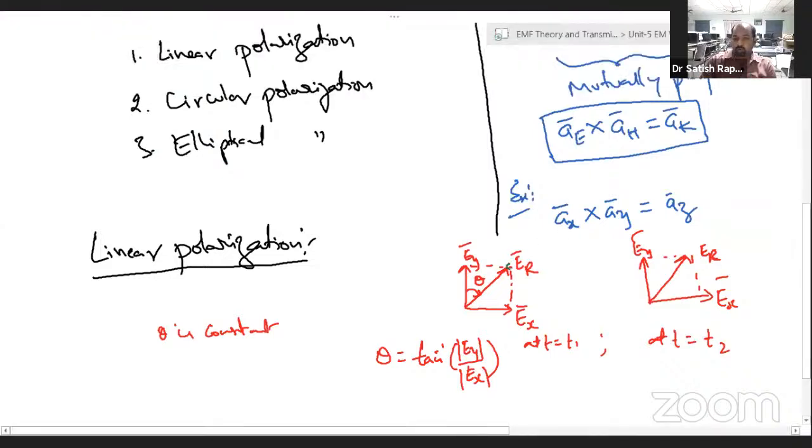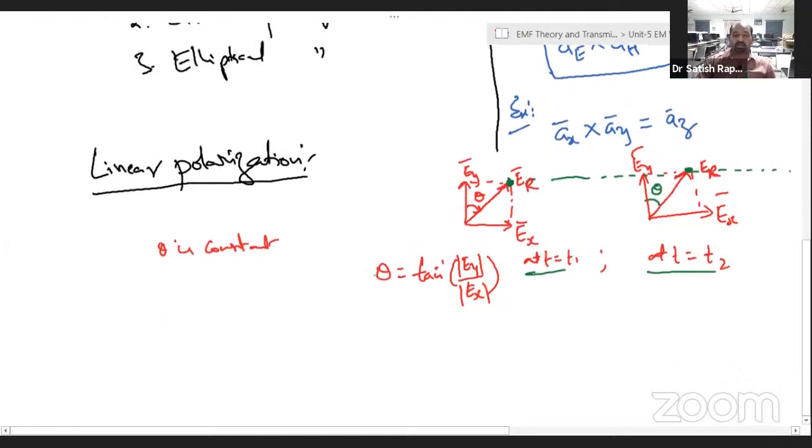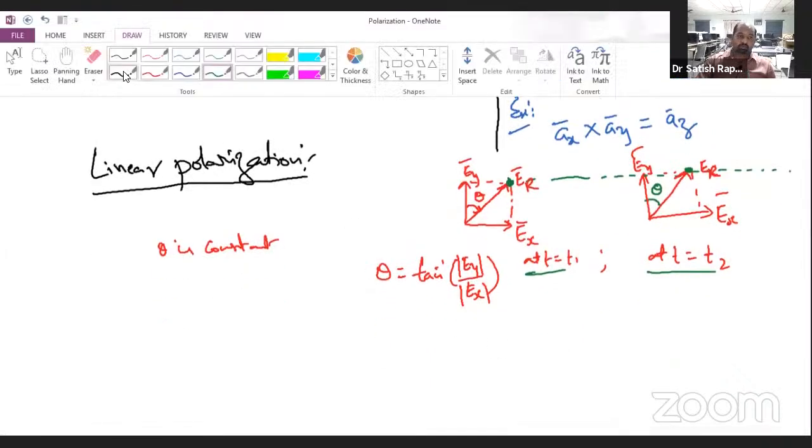So this is the locus point of resultant electric field at t1, and at t2, this is the locus point of electric field at different times. Therefore theta remains the same, theta is constant, so the variation of electric field is linear. It is a straight line if you join all the locus points of electric field. That is called linear polarization.